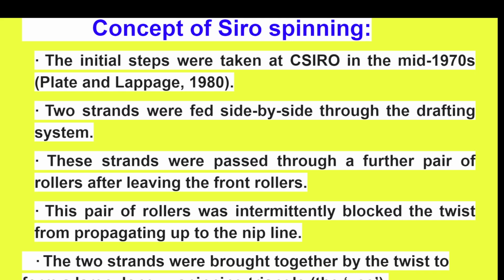These strands were passed through a further pair of rollers after leaving the front rollers. This pair of rollers intermittently blocked the twist from propagating up to the nip line. The two strands were brought together by the twist to form a large long spinning triangle.